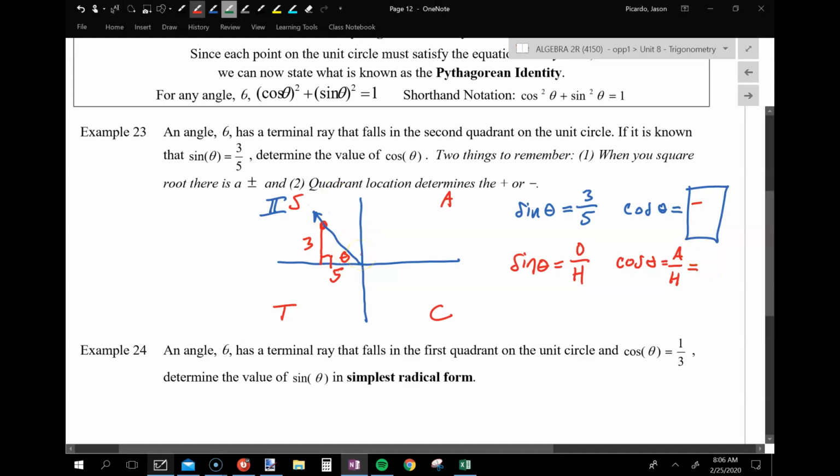How would I get that value? Pythagorean theorem, yeah. So if I want to know the value of this, I have 3 squared plus 5 squared equals x squared.